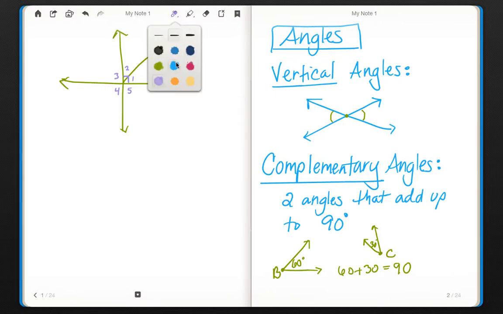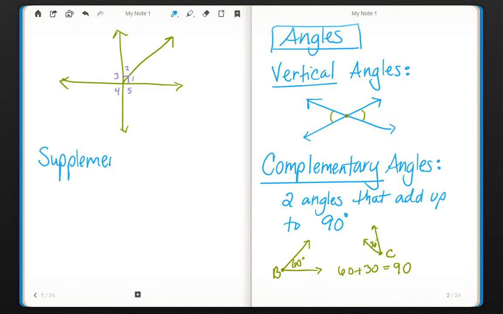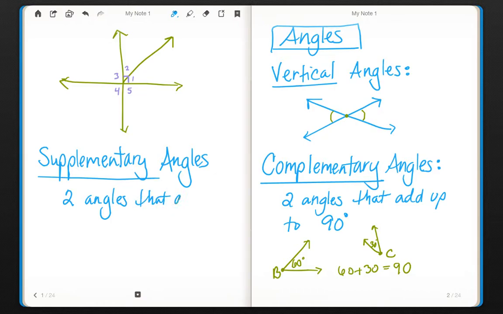All right. Then the last type are called supplementary angles. And supplementary angles are two angles that add up to 180 degrees. So complementary, they add up to 90.